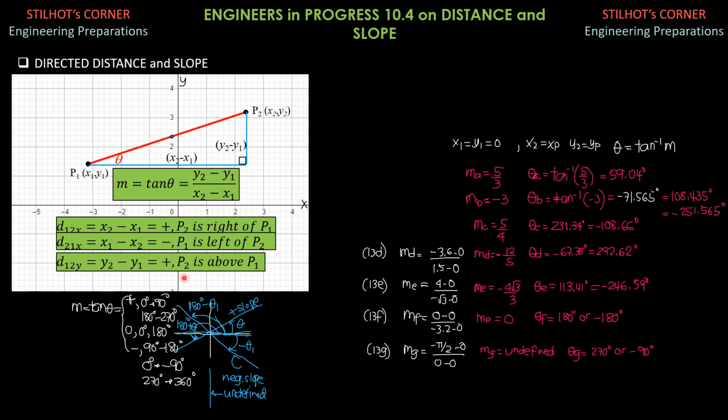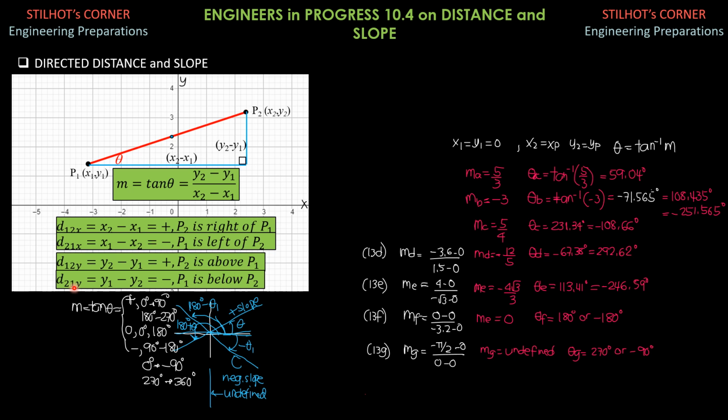It is positive because point 2 is above P1. While for the directed distance from 2 to 1, the y component, 1 is the terminal point and 2 is the initial point, so from 2 to 1 it is in the negative, downward direction.